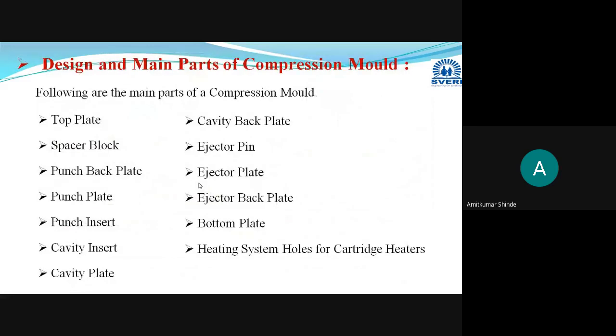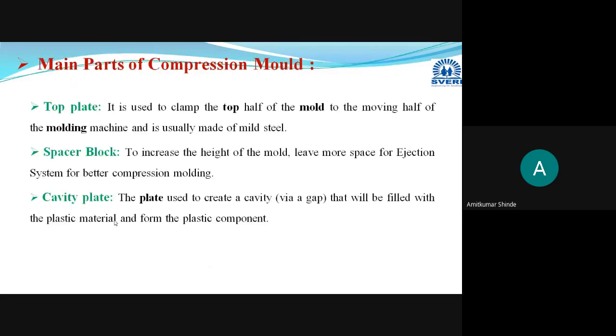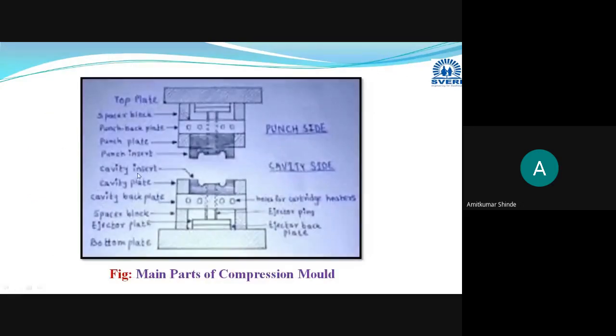Then we discussed the general main parts present in the compression mold which we use in the compression molding process. So these are the main parts. This is the diagram: this is the top plate, spacer block. This is the punch, punch insert, and this is the punch plate, punch back plate.